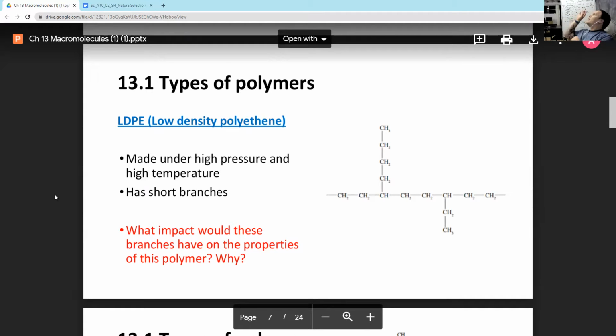Why would having significant levels of branching affect the properties of the polymers? Take 60 seconds to have a think.